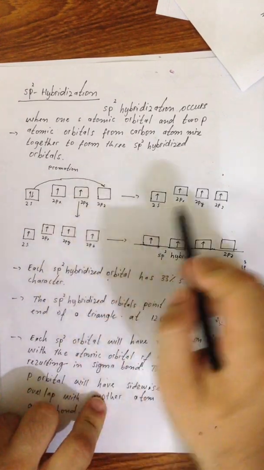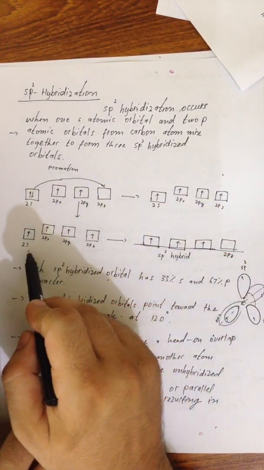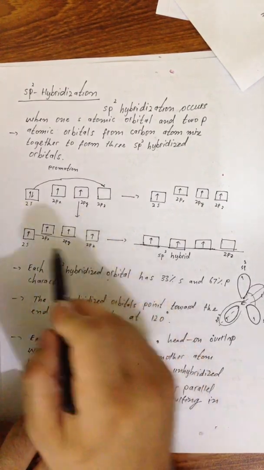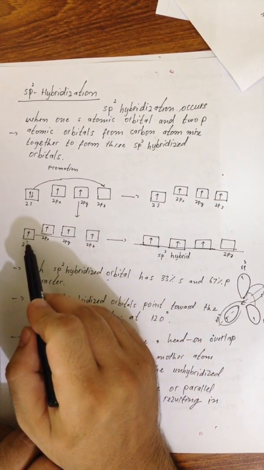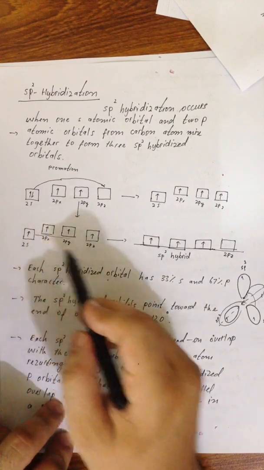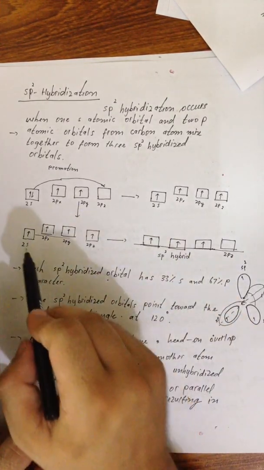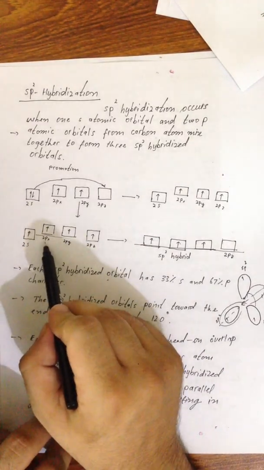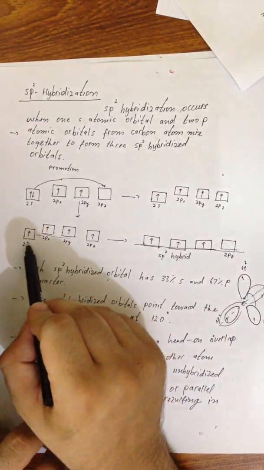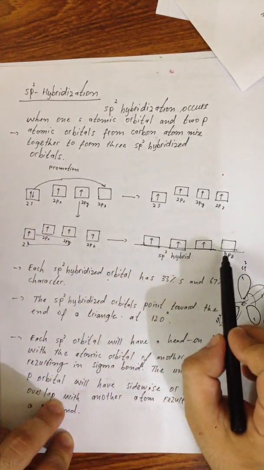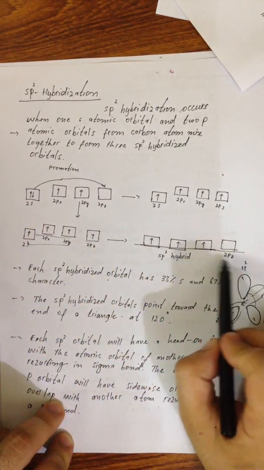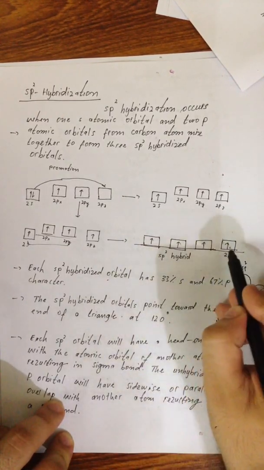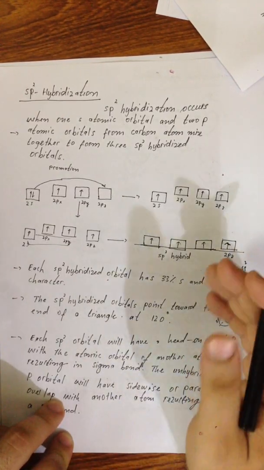Now in this step, these unhybridized orbitals containing unpaired electrons will mix with each other. One 2s orbital and two 2p orbitals, 2px and 2py, are going to mix with each other, leaving the 2pz orbital alone.